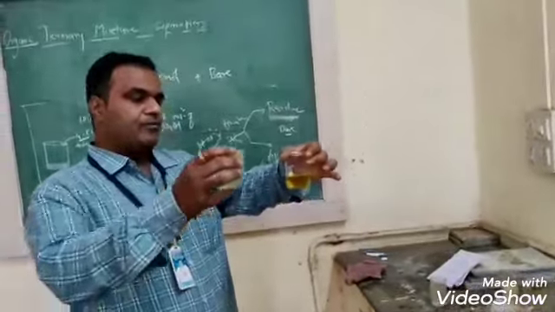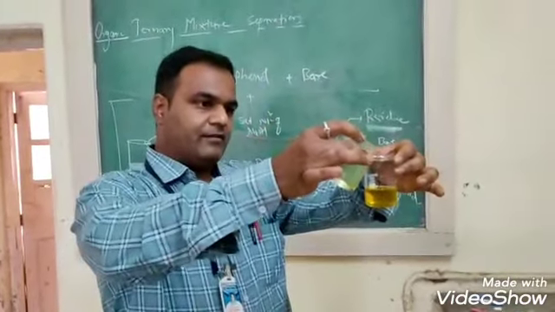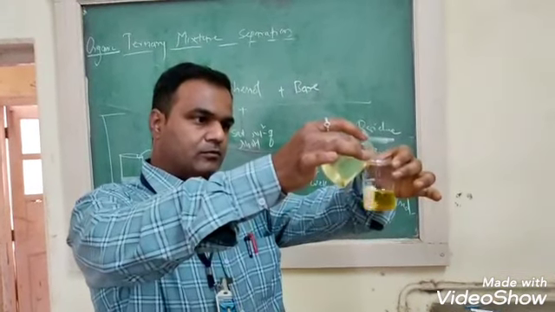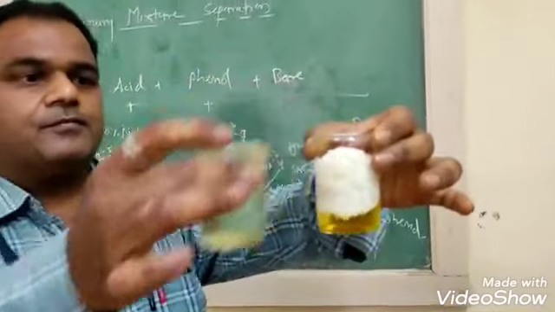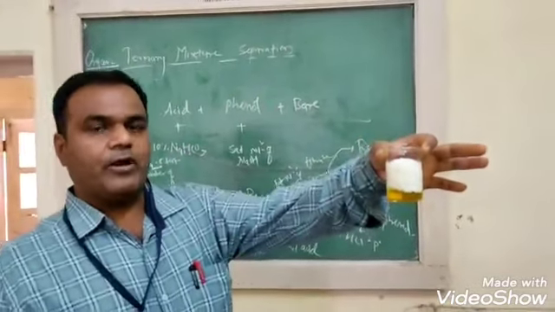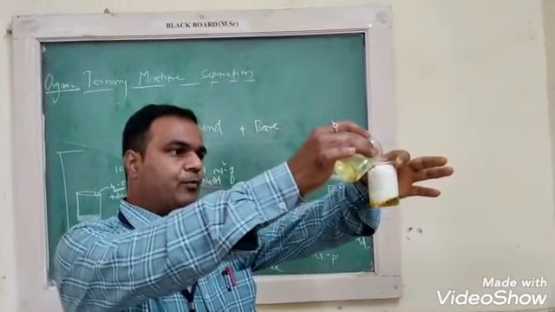Now for the preparation of the acid component, here we add 1:1 HCl to the filtrate of the sodium bicarbonate. See here, there is a formation of a white precipitate of the acid component. This white precipitate is nothing but the pure acid component.